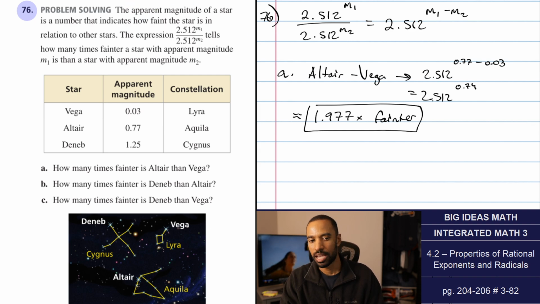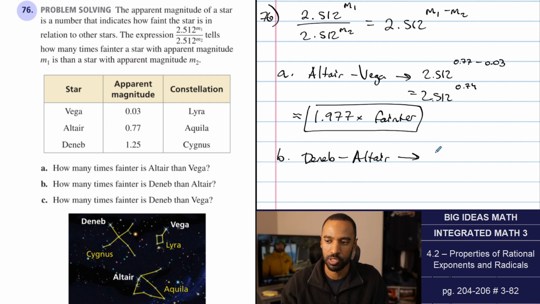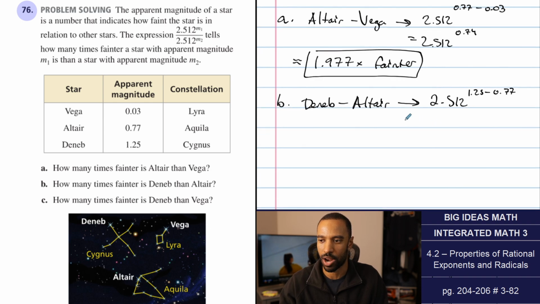Part B, how many times fainter is Deneb than Altair? Deneb to Altair, we're going to be doing the same stuff. 2.512 to the 1.25 minus 0.77 power. This is where I make a mistake on subtraction here.